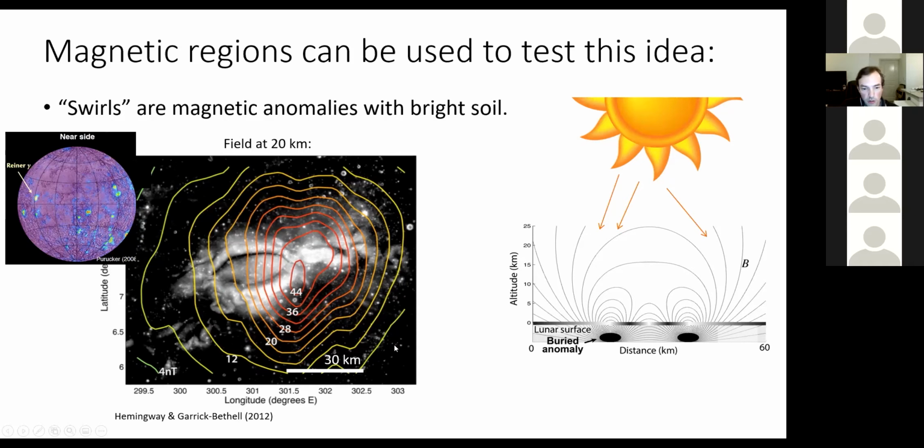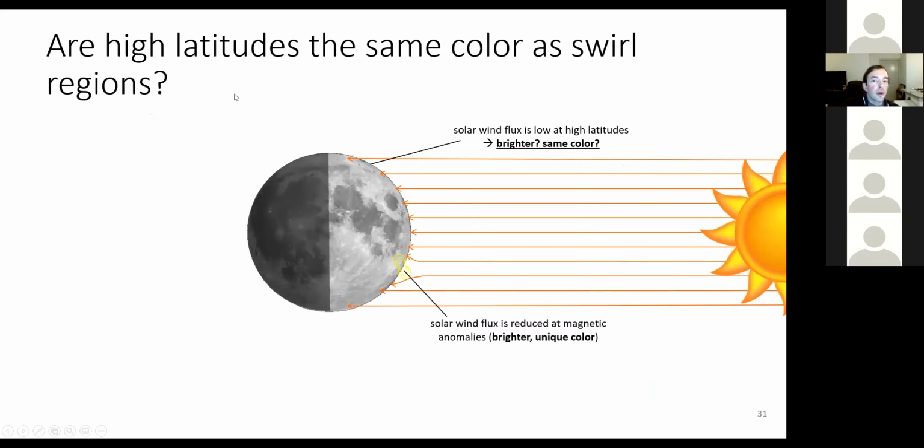This is very small, much smaller than the planet. This is a mini magnetosphere. You can see the soil is very bright here, we think, because maybe the solar wind can't get to the surface of this so-called mini magnetosphere. This is an old theory. So my idea was that the solar wind is reduced up here, but it's also reduced here. So can we check if the color is the same at high latitudes as at swirls?